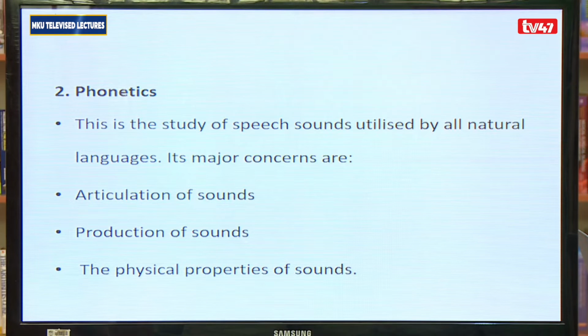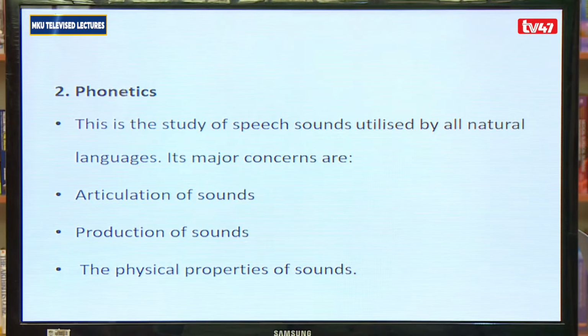The next terminology I would like to explain is phonetics. What is phonetics is a question each one of us is likely to ask ourselves. Remember, the title of our unit is Phonology and Phonetics. So what is phonetics? Phonetics is the study of sounds that are utilized in all natural languages.